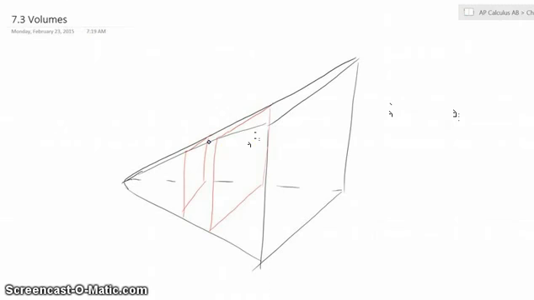So maybe the x-axis goes through the center of all of these squares, and for this figure, let's say that the side length of this square is given by where we are on the x-axis.